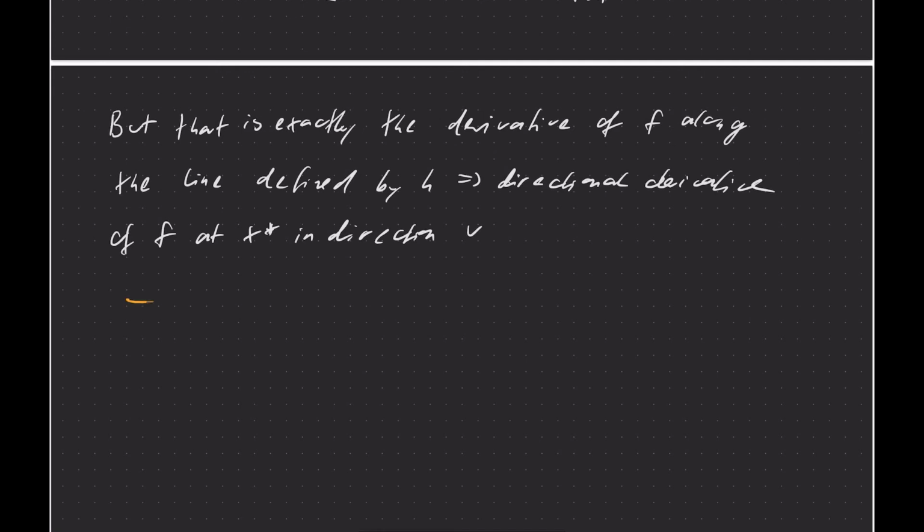So in other words, what we have just proven is, or seen, is that this directional derivative d_v f at a point x star is precisely the same as the differential of f after h at lambda, where this point lambda is chosen such that h of lambda equals x star.